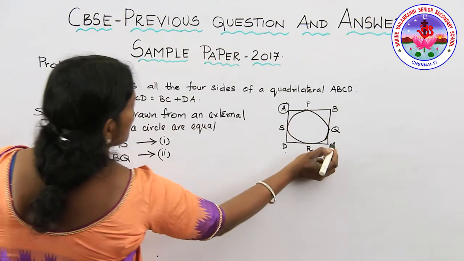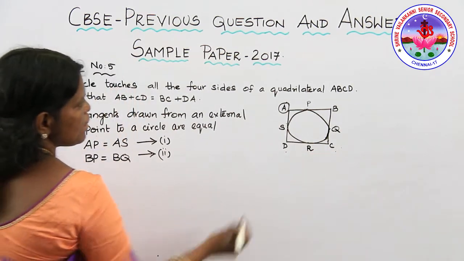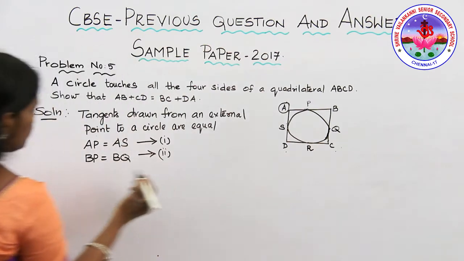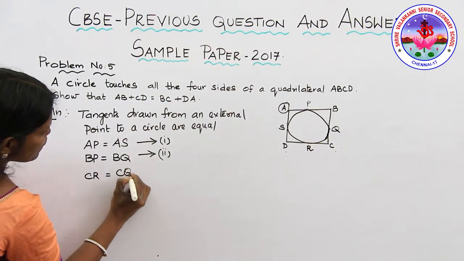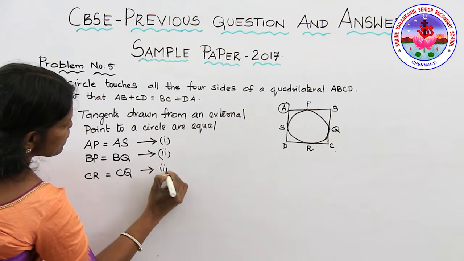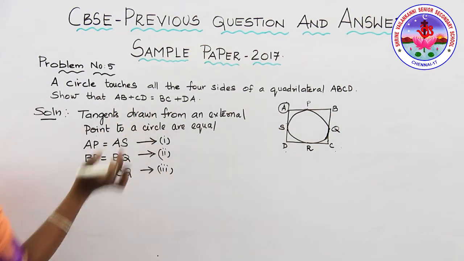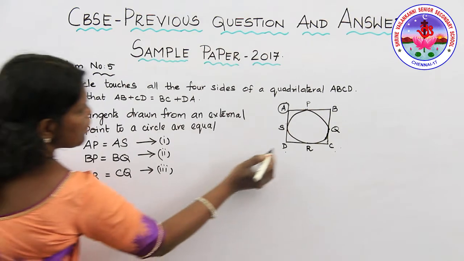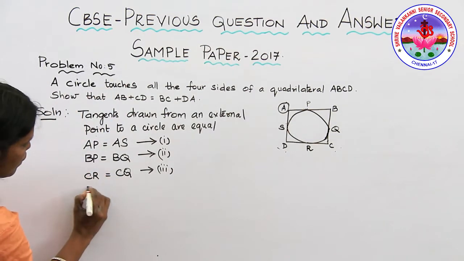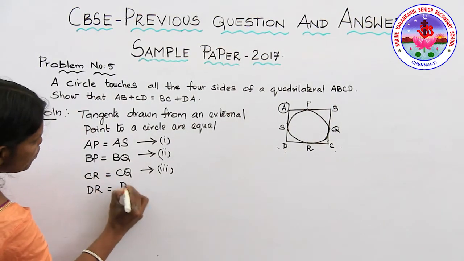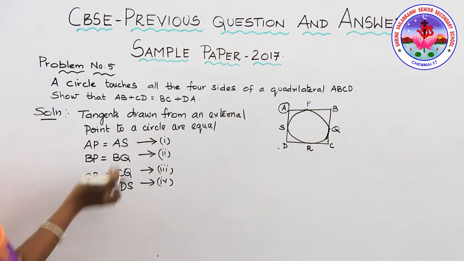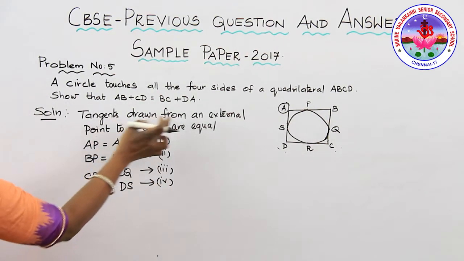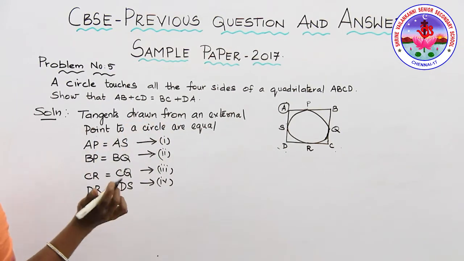Now coming to the point C, I have CR and CQ. So I am writing CR is equal to CQ, calling this equation 3. This depends upon the above theorem. Now coming to the point D, I have DR is equal to DS, calling this 4. All these 4 equations relate to the tangents drawn from an external point to a circle being equal.